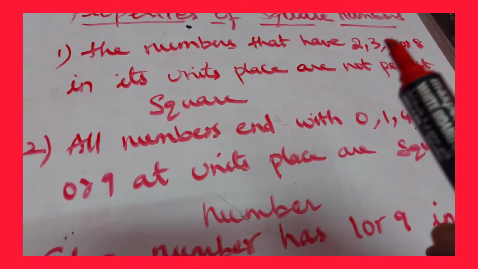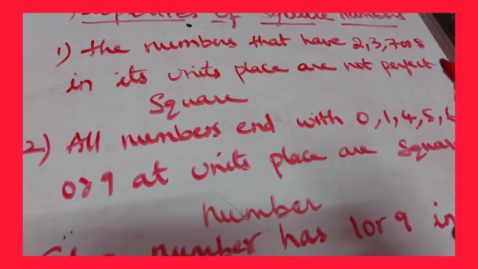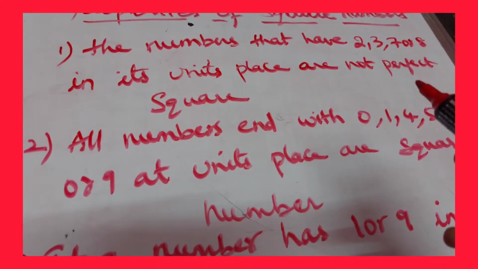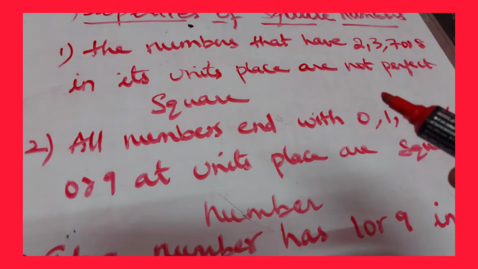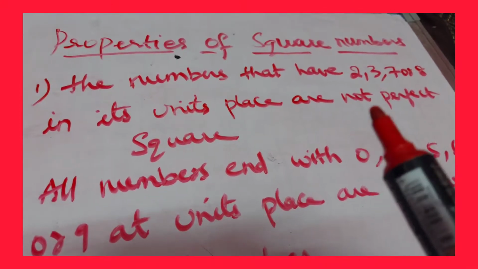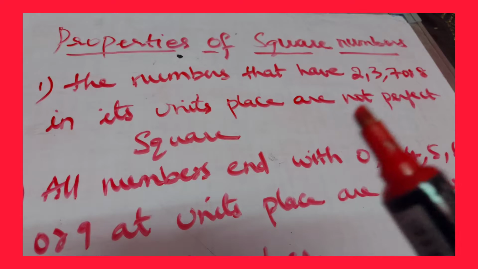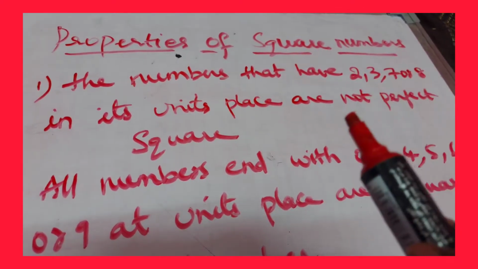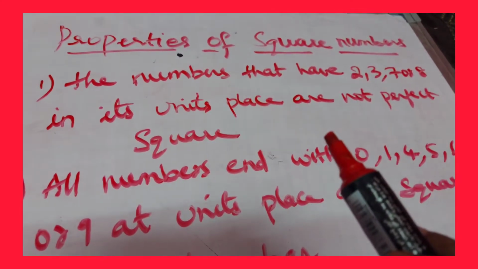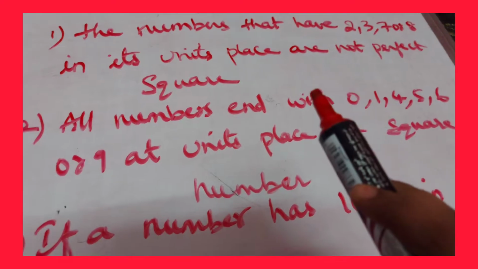Any number that ends with 3, say 33, is 11 3s are 33, so it is also not the same. And 42 is 6 7s are 42. Like this you have to remember this property.